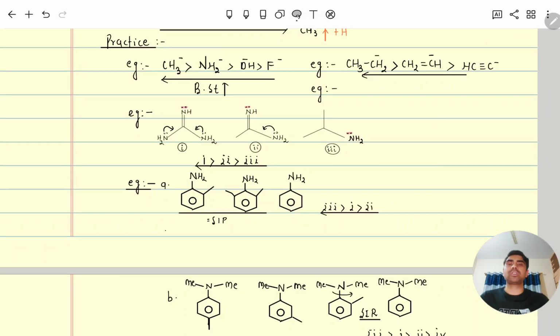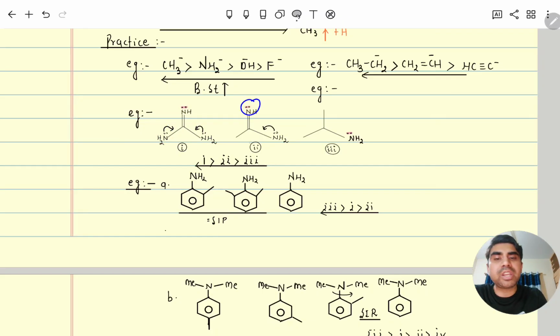Clear? Next, coming to here, you can see this one is delocalized, this one also delocalized, this one also delocalized, and this one localized. So this one is localized, this one localized, this one localized, but in this one, electron density is coming more from these two groups.